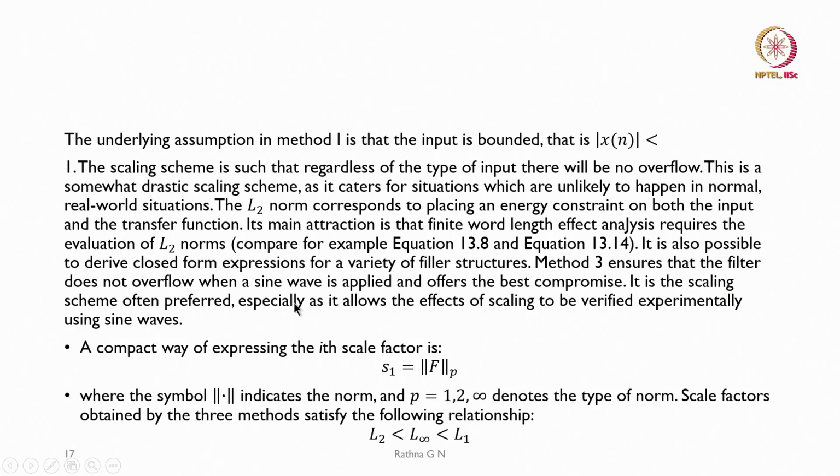So, you can read the theory. A compact way of expressing the scale factor, what we call S1, is the L1 norm, represented as a norm with P. The methods are the L1 norm, L2 norm and L infinity norm, and we will see how the scaling factors compare. The L2 norm is the minimum, then next comes the L infinity, and the L1 is the maximum you would have scaled.